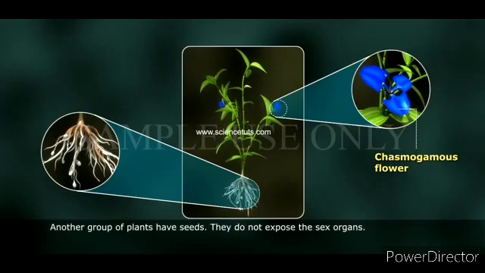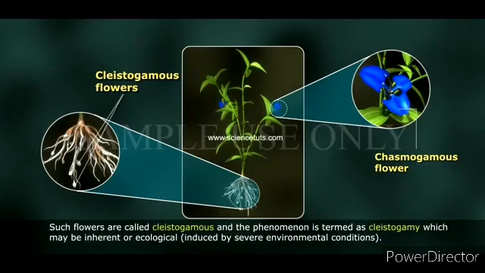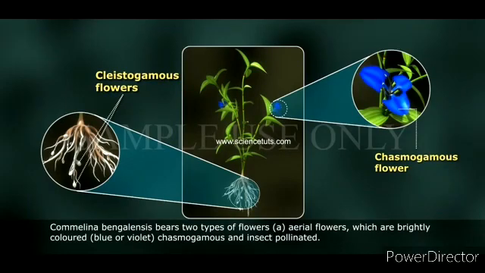Another group of plants do not expose the sex organs. Such flowers are called cleistogamous, and the phenomenon is termed cleistogamy, which may be inherent or ecological, induced by severe environmental conditions. Commelina bengalensis bears two types of flowers.